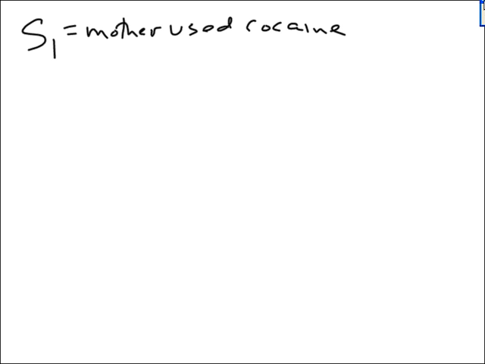Okay, so we have two samples. Sample 1: the mother used cocaine while she was pregnant with the child. And when the kid was 4 years old, they were tested. Okay, 190 children were tested.